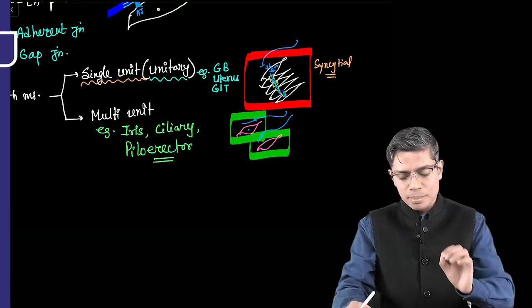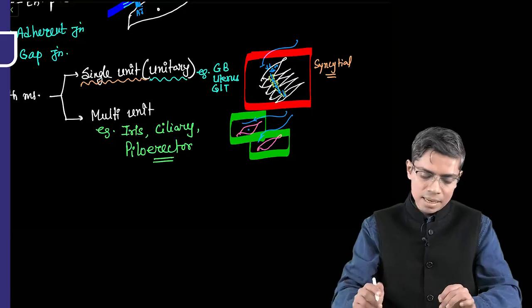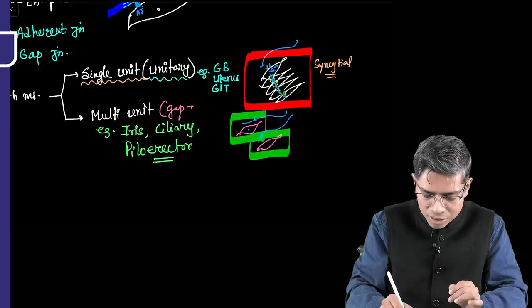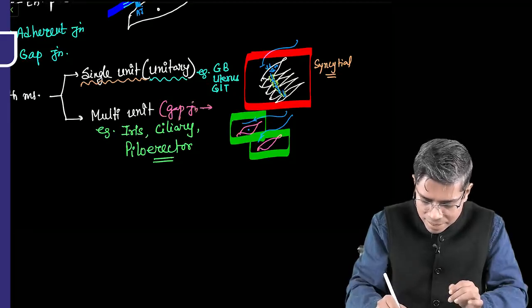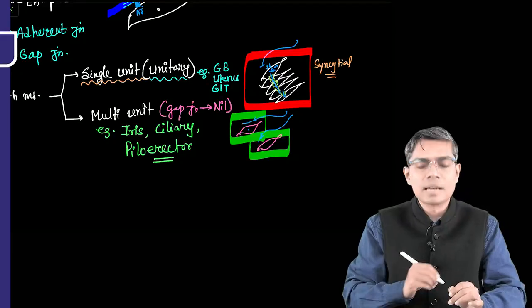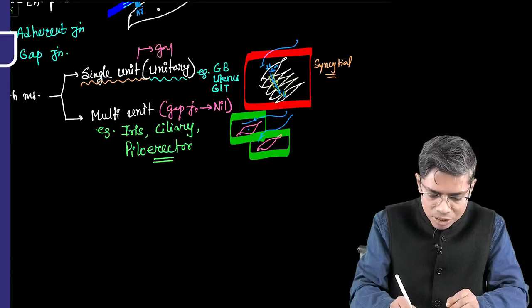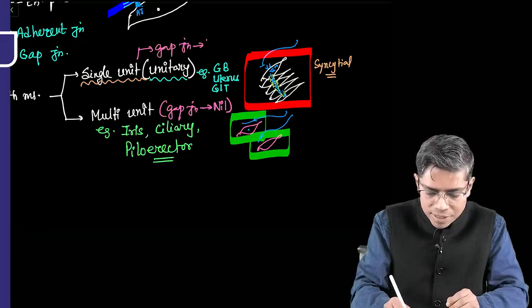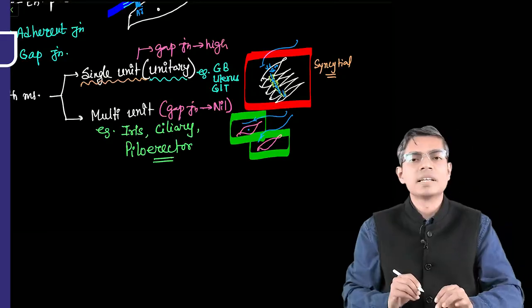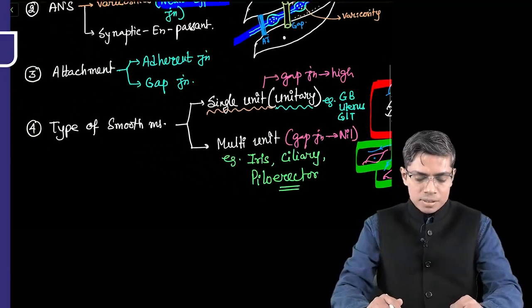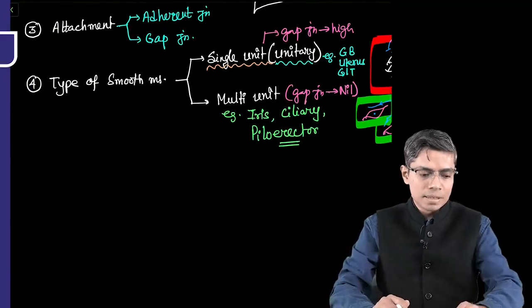Fine adjustment is done by the contraction of this smooth muscle, and I can understand that multi-unit smooth muscle means gap junctions are very, very few, or there may be no gap junction at all. But single unit smooth muscle means the number of gap junctions is very, very high, and that's why they behave like a single unit. So, getting my point? This is the importance of the presence of gap junctions in smooth muscle, right?